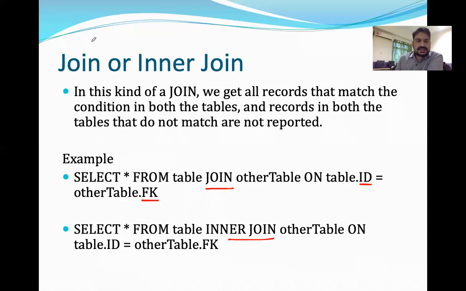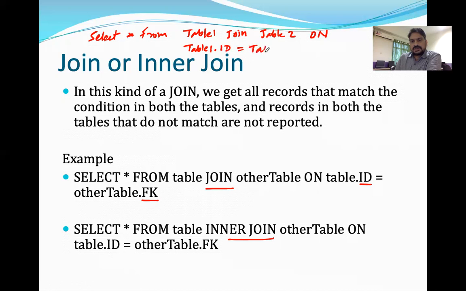The basic concept here is that we'll write the SQL query this way: select asterisk from, let's say, table 1 join table 2 on, and on will have the condition like table 1 dot ID equal to table 2 dot ID.